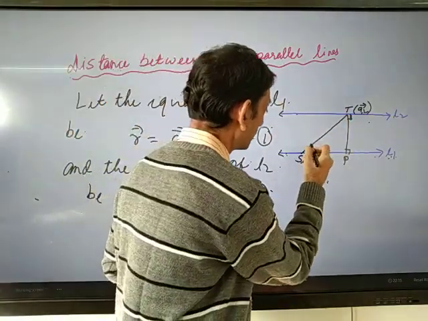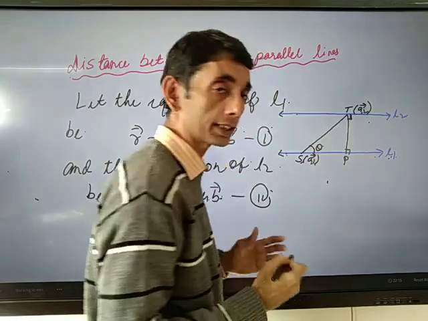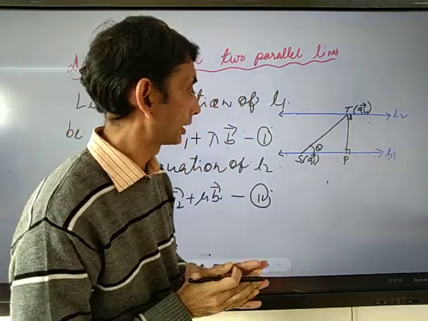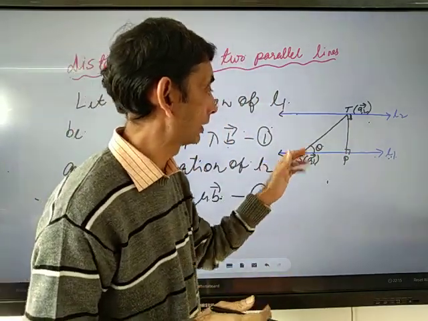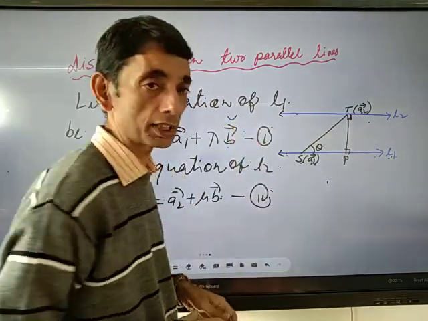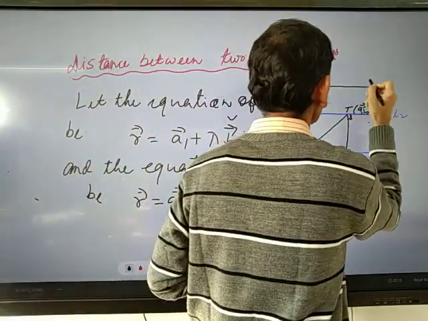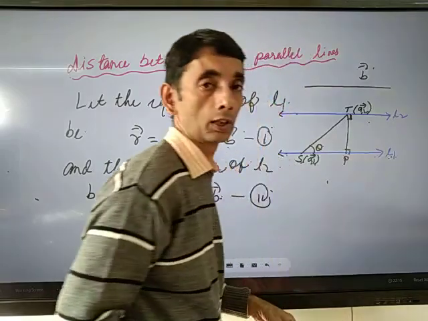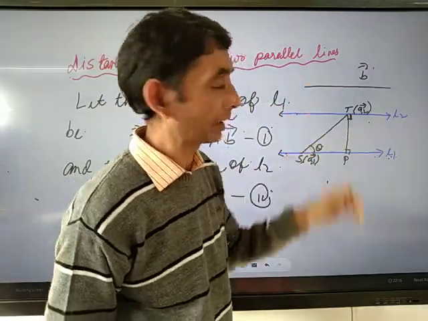Now let us consider that theta is the angle between ST and the vector B. What is vector B? Vector B is parallel to both lines L1 and L2.